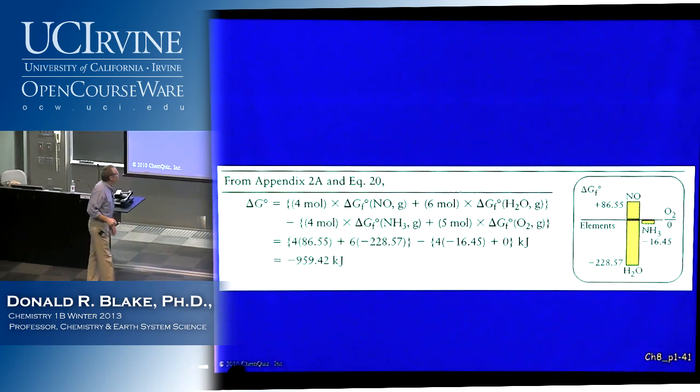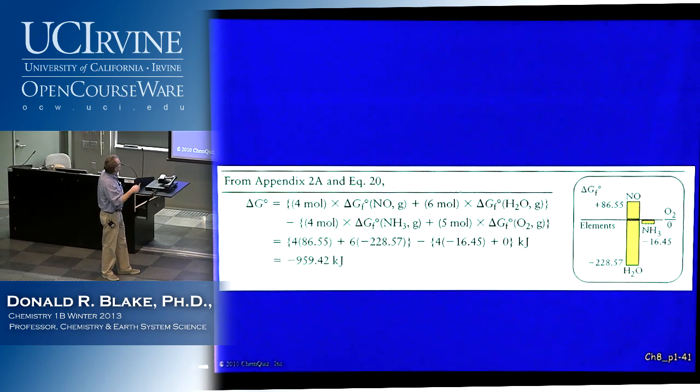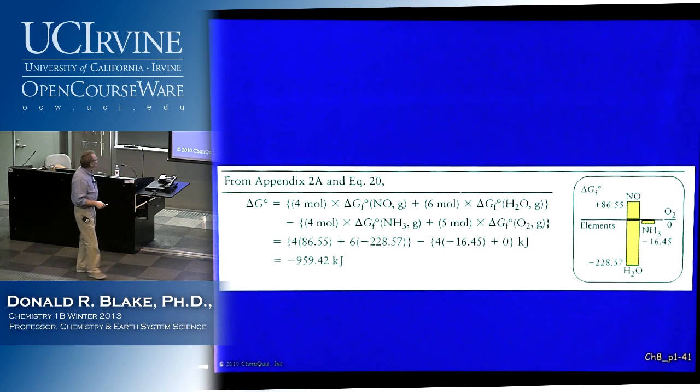So if you look at that equation, on the product side, you had 4 NOs, you had 6 waters, minus 4 NH3s and 5 oxygens, okay?